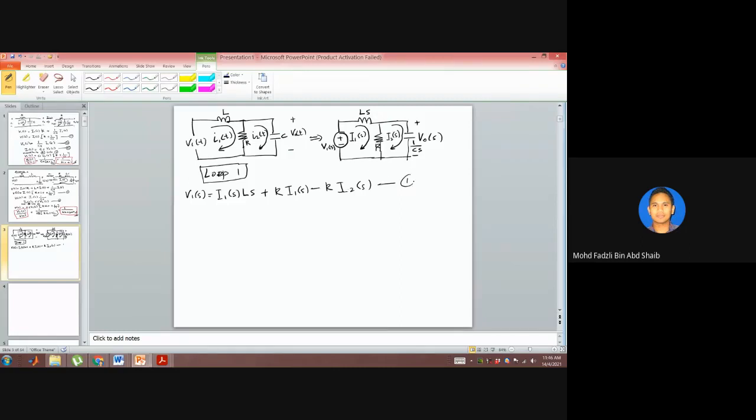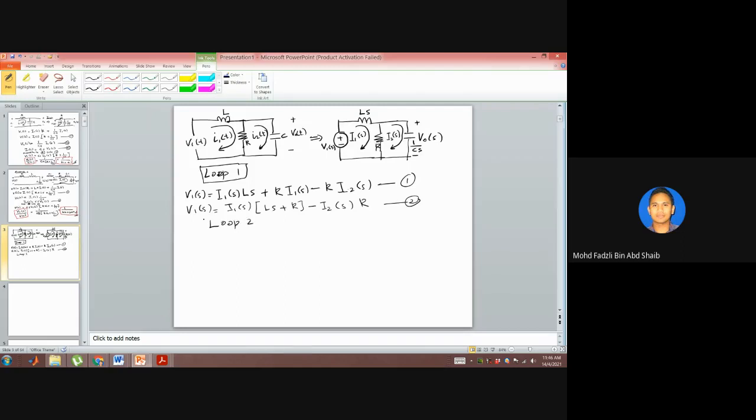This is the first equation. So V1S equal I1S times LS plus R, minus I2S times R. This is equation number 2.